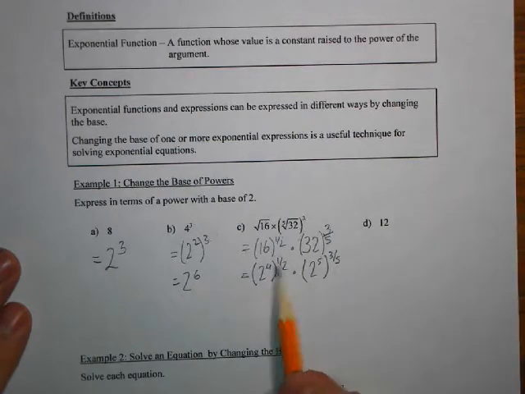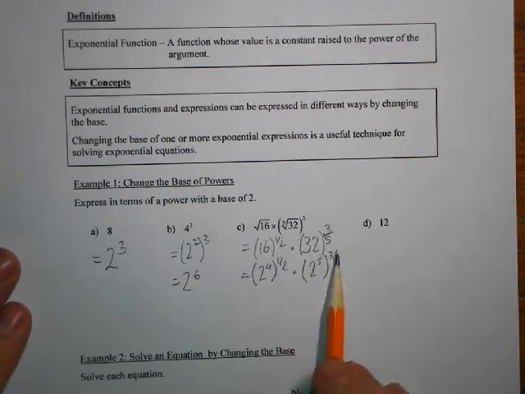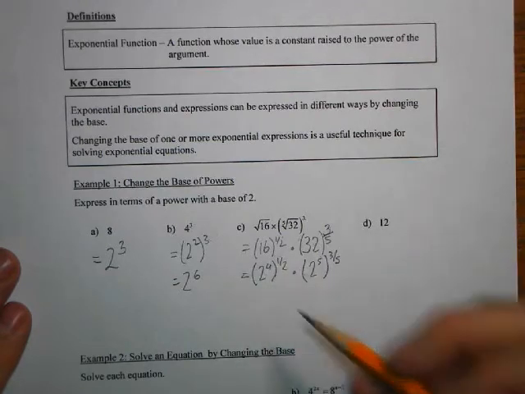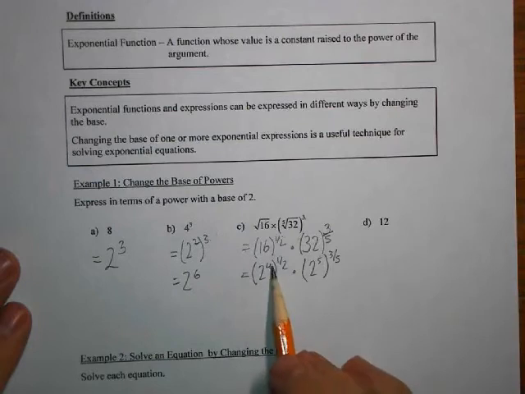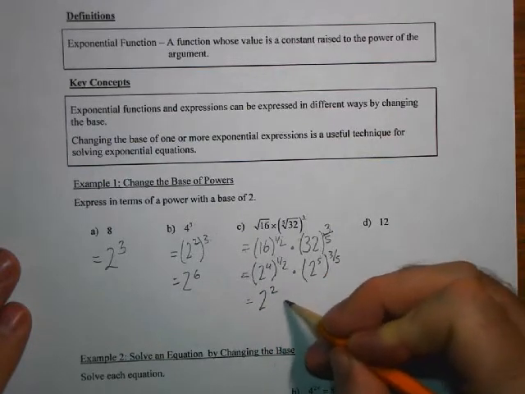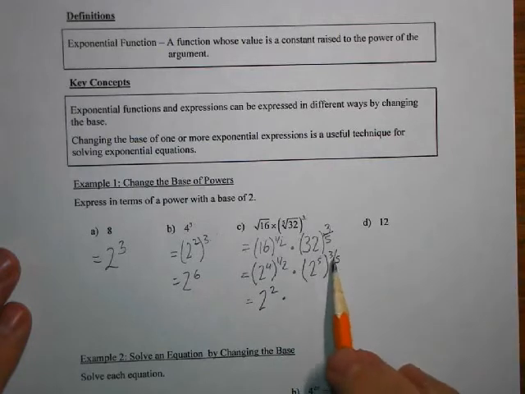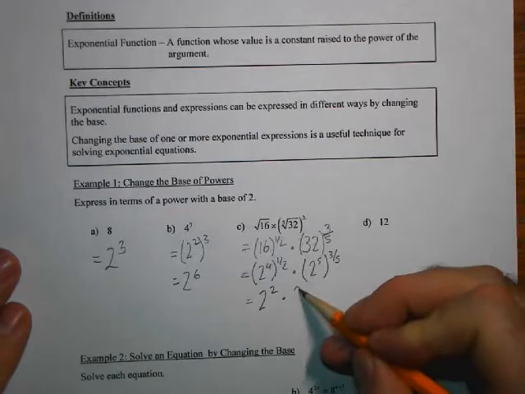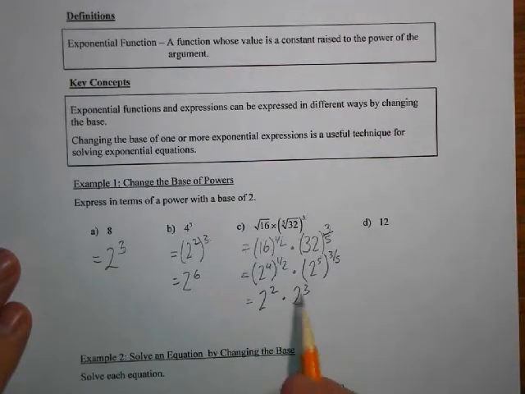In both cases, we're going to use our power of a power rule, multiplying the two exponents. So 4 times 1/2 is equal to 2, so that's 2 squared. And 5 times 3/5 works out nicely because the 5's cancel, and I get 2 cubed. Now this looks a lot more normal.